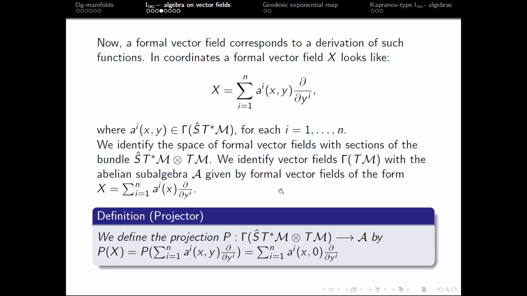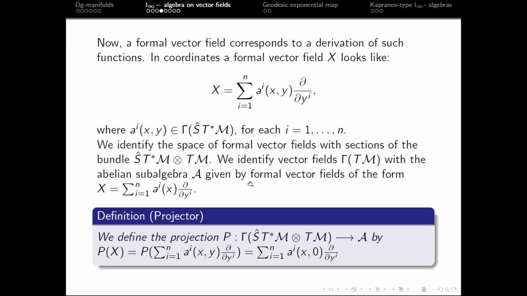now we need to see the space of vector fields on this dg-manifold M as an abelian subalgebra of the space of formal vector fields. So what we do here is that we consider expressions in this form. So you see that I'm just taking the vertical part here. I'm not taking derivations with respect to the base coordinates x, but I'm doing this with respect to the fiber coordinates.